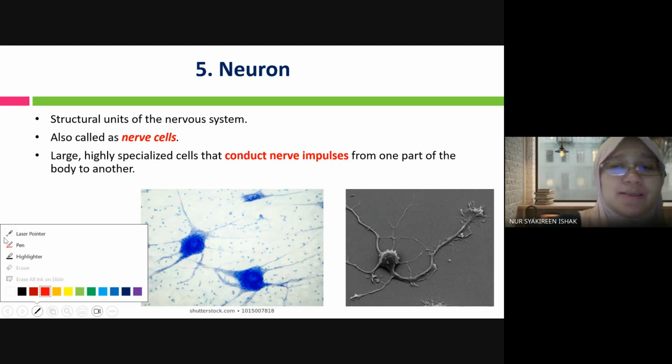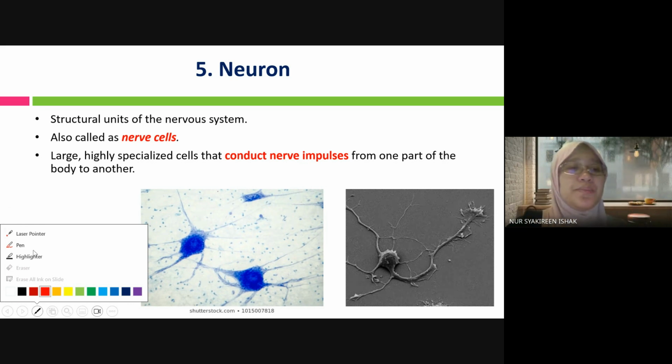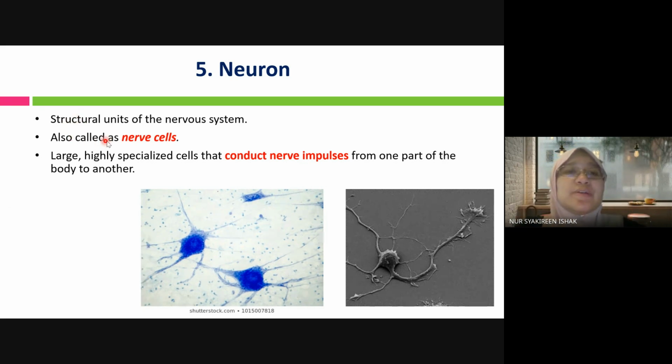Hormone is chemical. Okay, so the structural units of the nervous system are also called nerve cells, neurons, right? Large, highly specialized cells that conduct nerve impulses from one part of the body to another.